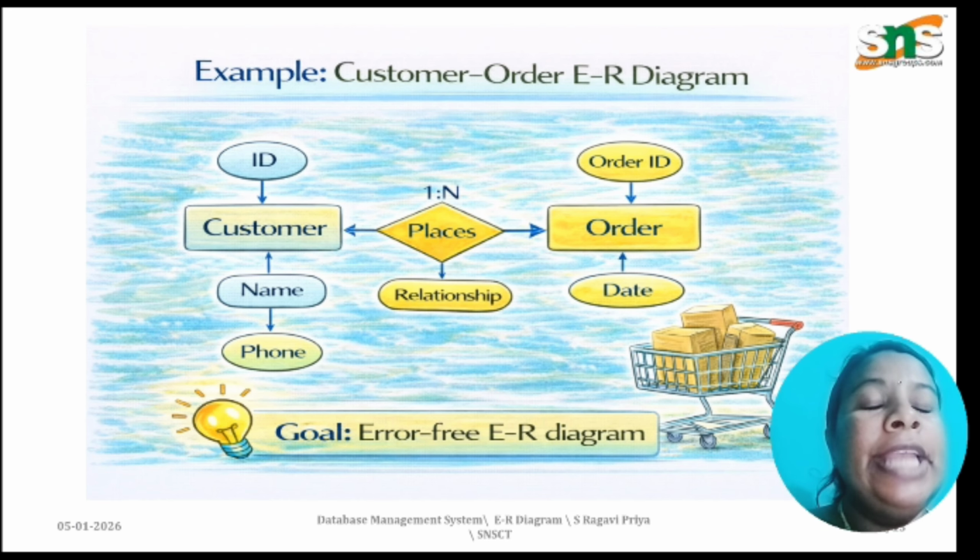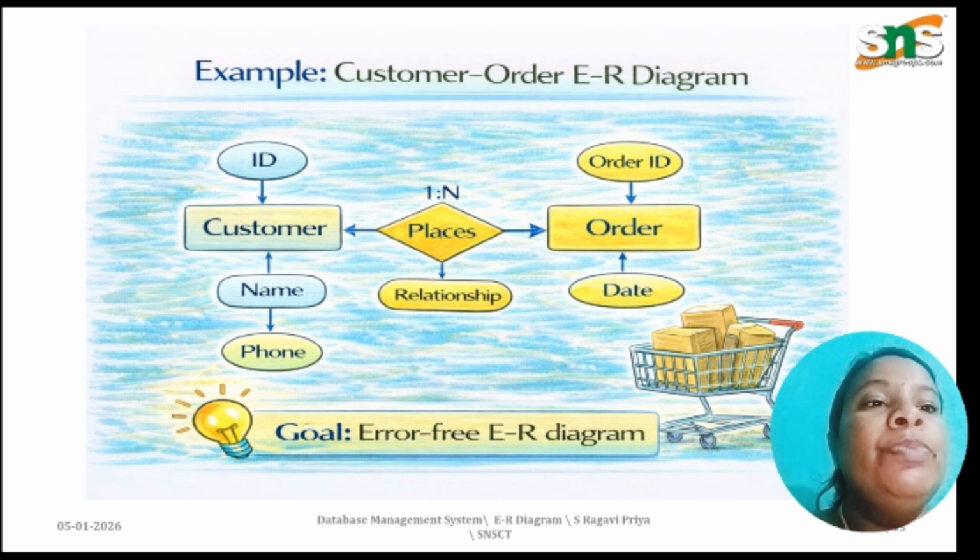So this is the example, the customer order ER diagram. Customer is the entity. In the customer entity we have ID, name and phone as attributes. Then we have the order entity, which consists of order ID and date attributes.